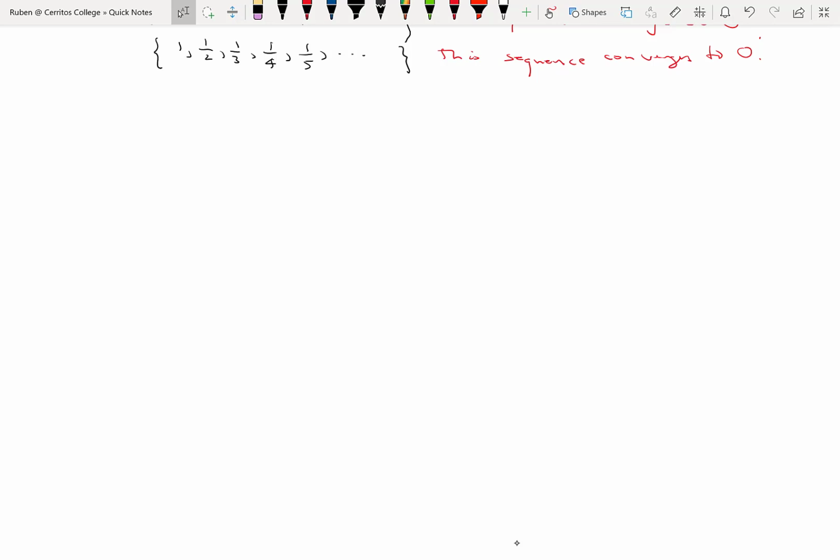Let's take a look at different possible ways of writing out, or denoting, sequences. Our discussion from now to the end of this video segment is going to involve notation. It's very easy to fall into the trap of interchanging the concepts of sequences and series. Sequences are lists of numbers, infinite lists of numbers, and the lists have to be in a particular order.